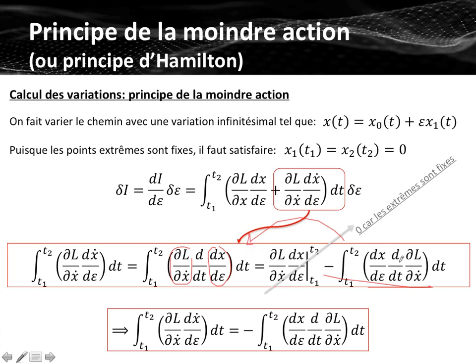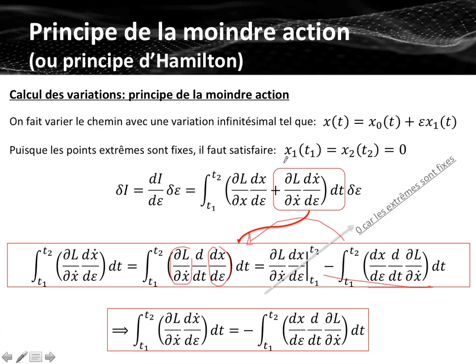Now, what is this? Well, we derivate by parts, so d over dt now of the partial derivative of L over x point. What's important is the following: if we look at dx over d epsilon, the variation of x when I created a small variation epsilon between the points t1 and t2, this is going to be 0.